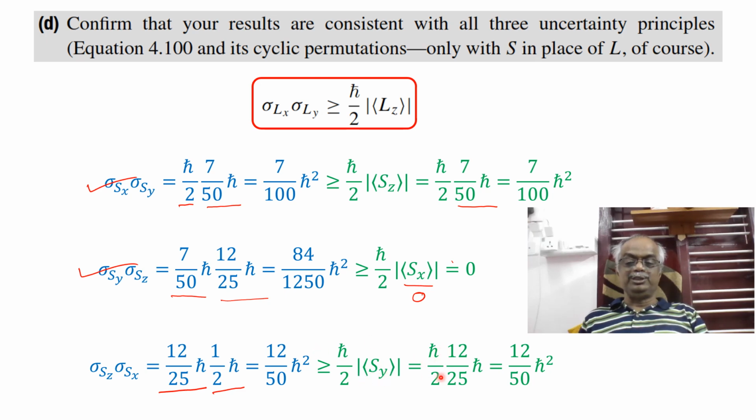In section B, we have seen the expectation value of Sy is 12 divided by 25 ħ. So you get ħ² and 12 over 2 into 25, 50. Exactly the same. So the left-hand side is greater than or equal to the right-hand side number. So this also satisfies the uncertainty principle.